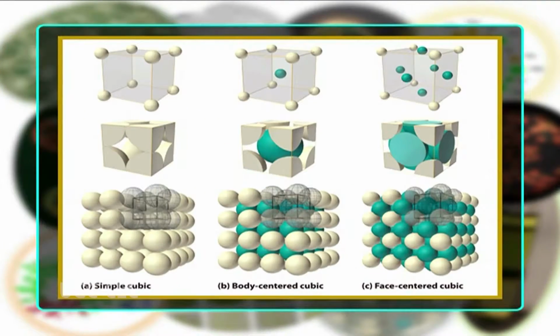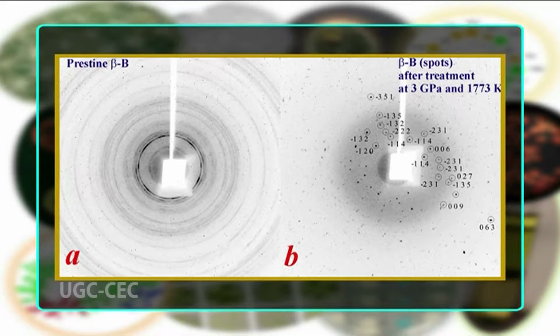The position of the spots is determined by the size and the shape of the unit cell and the symmetry. The intensities of the spots are determined by the arrangement of the atoms within the crystal. After measuring the intensities of all the diffraction spots, it is generally possible to determine the position of the atoms in the unit cell in a straightforward manner.